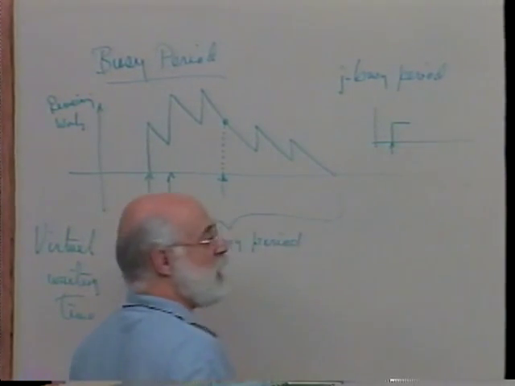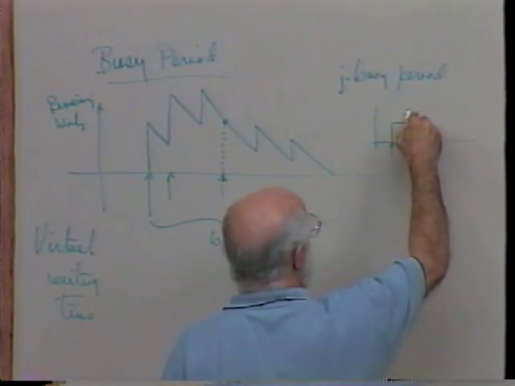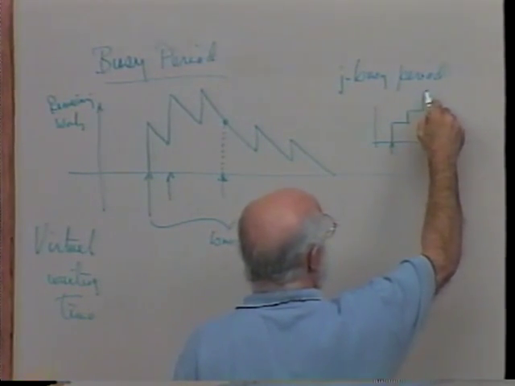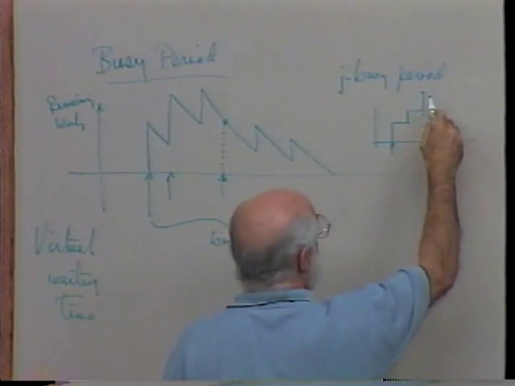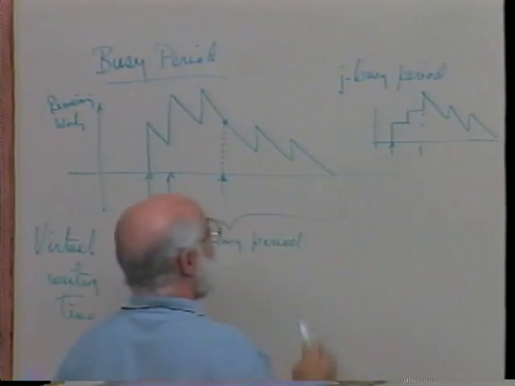So no work is being done. And then another customer arrives, and the remaining work jumps up by his service time, and so on. And let's say, for the sake of argument, that at this instant right here, the server now begins to work, and now you get the same kind of diagram you had before.